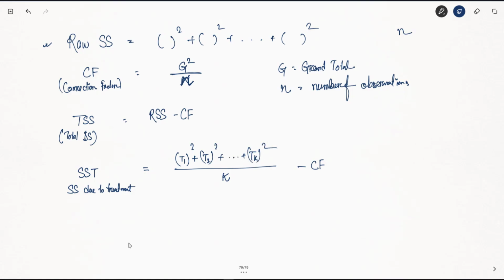Imagine you have K treatments, T1, T2 up to Tk.